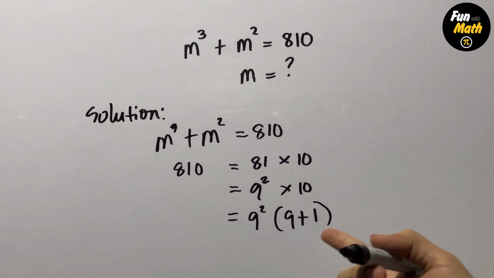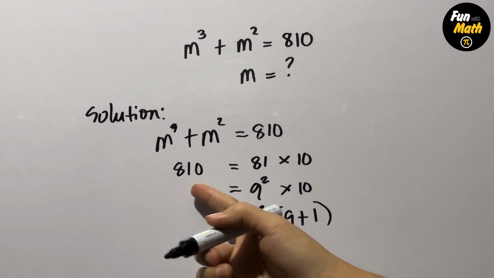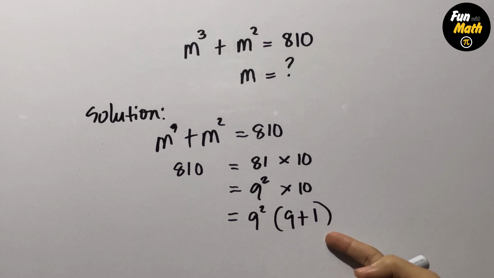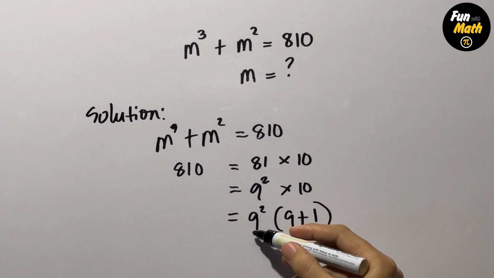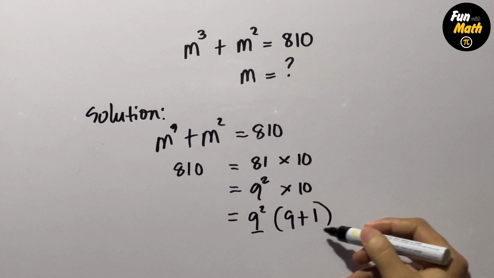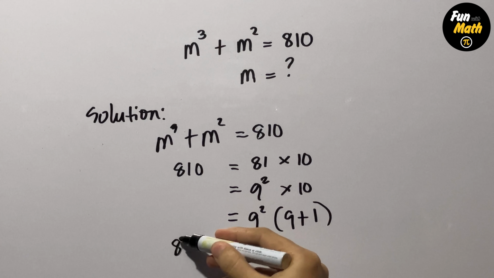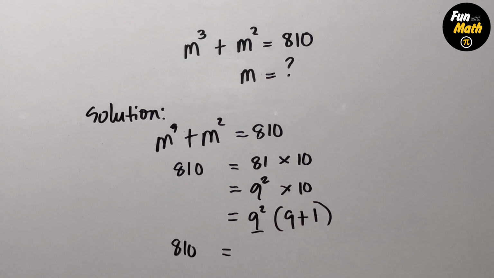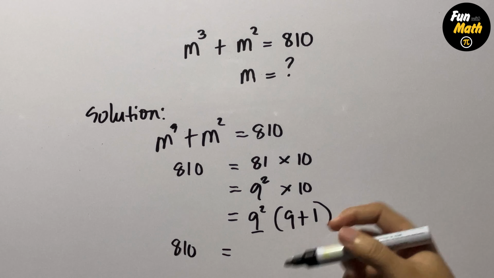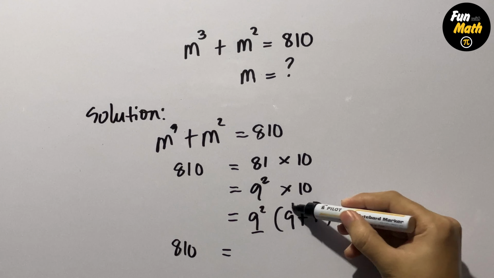So that is how we split 810. And for this, we can multiply 9 squared inside. So this is now, let's copy, 810 equals 9 squared times 9. We know that for 9, there is a constant power of 1.